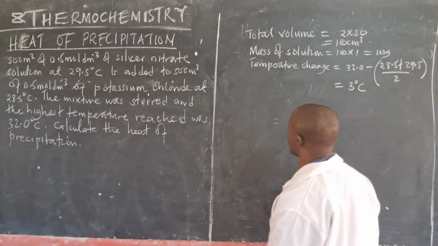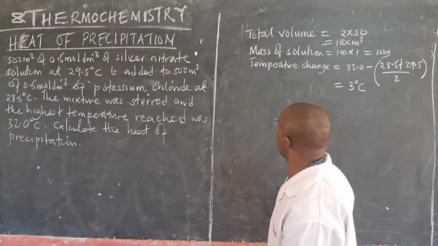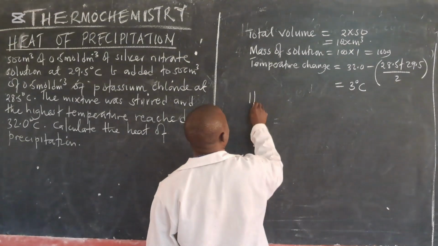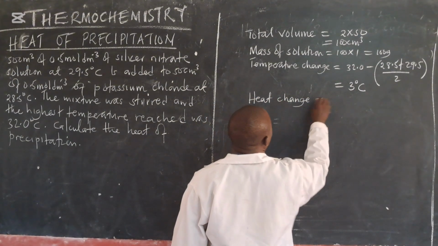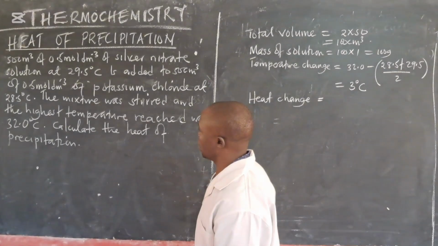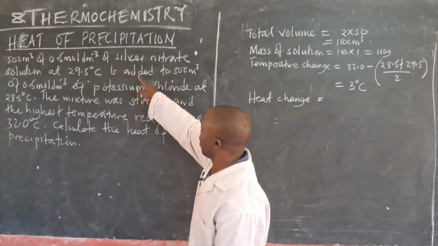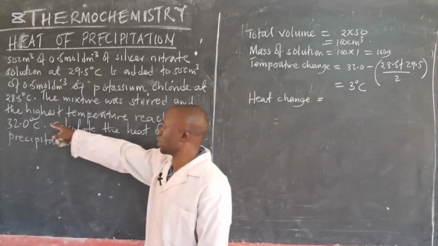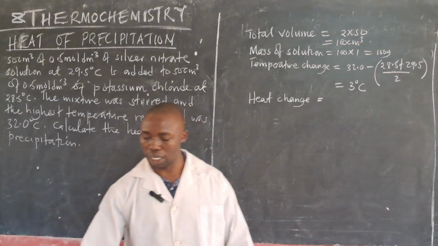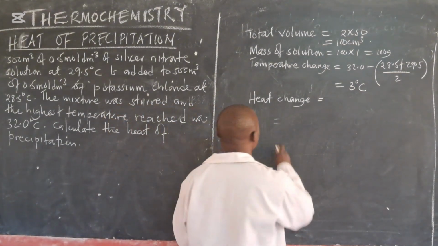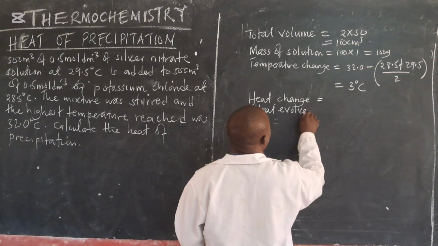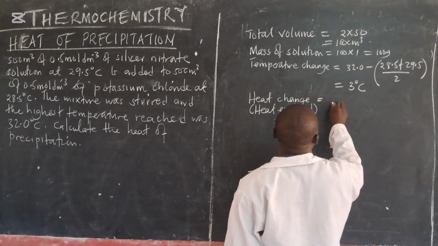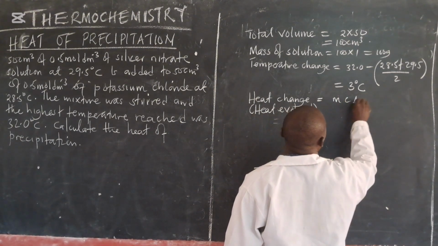So the next thing is to get the heat change. Because with silver nitrate the temperature rose, that is the heat evolved or heat change. So heat evolved will basically be mass times specific heat capacity times delta theta.